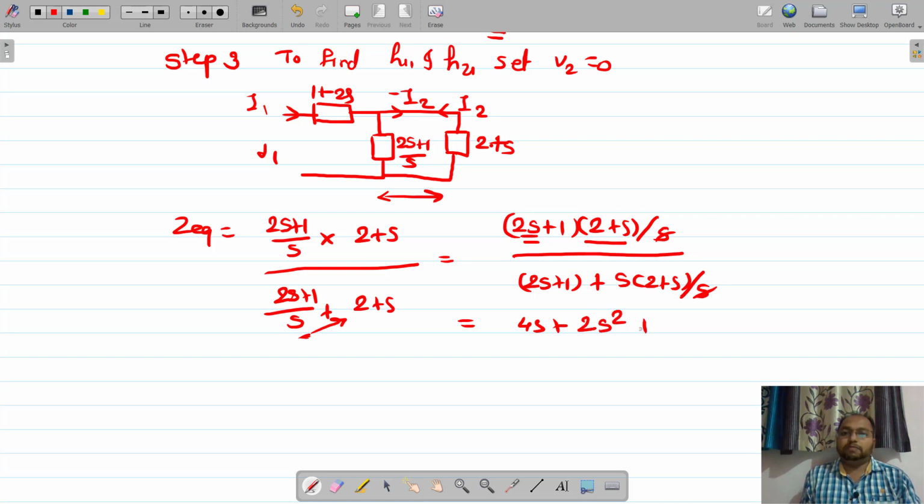Now multiply by 1, so it becomes 2 plus S, divided by 2S plus 1 plus, now multiplying by S inside this bracket, 2S plus S square.